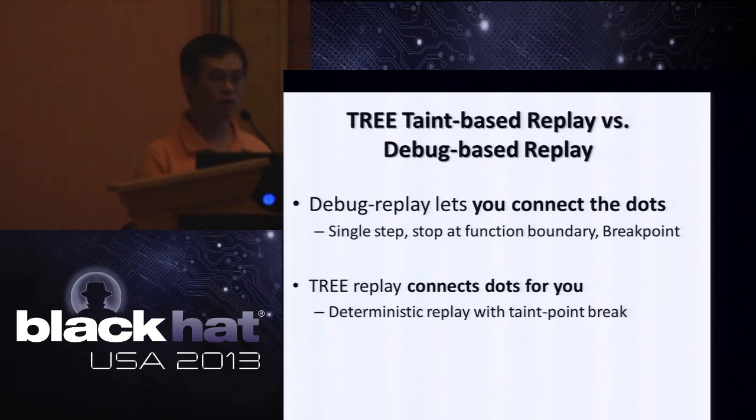Then tree will automatically propagate the changes along the rules you specified, and connect the dots so you can move to different dots that are relevant to look further. So we'll explain that with examples here.